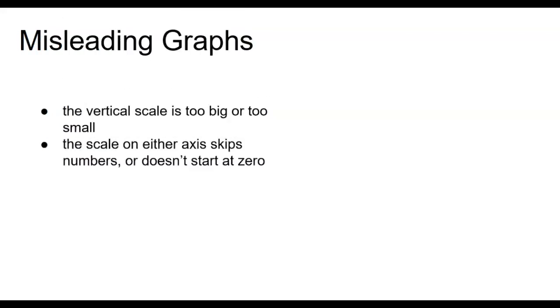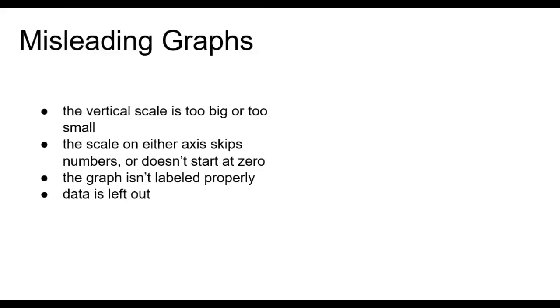The classic types of misleading graphs include cases where the vertical scale is too big or too small, the scale on either axis skips numbers or doesn't start at 0, the graph isn't labeled properly, data is left out, or pieces of a pie chart are not the correct sizes.